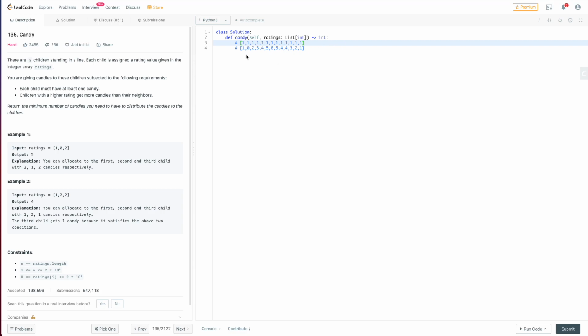So everyone gets at least one, and then if I'm bigger than my neighbor to the, let's say, right, then I just increment it.